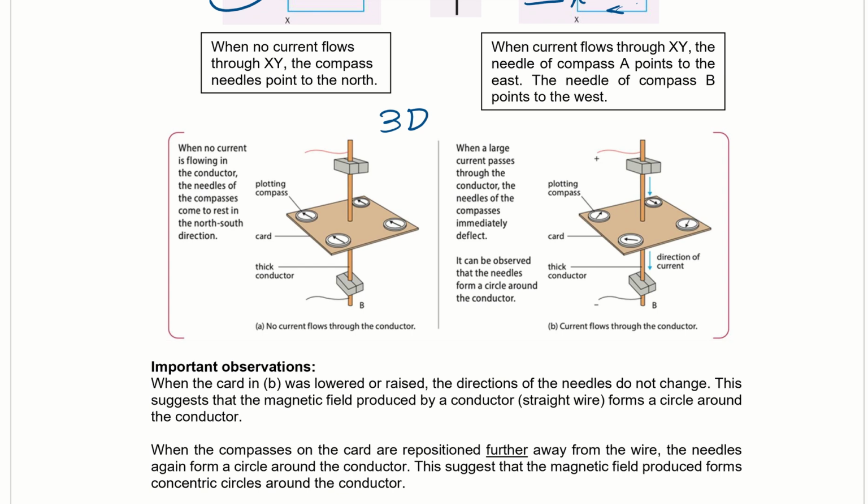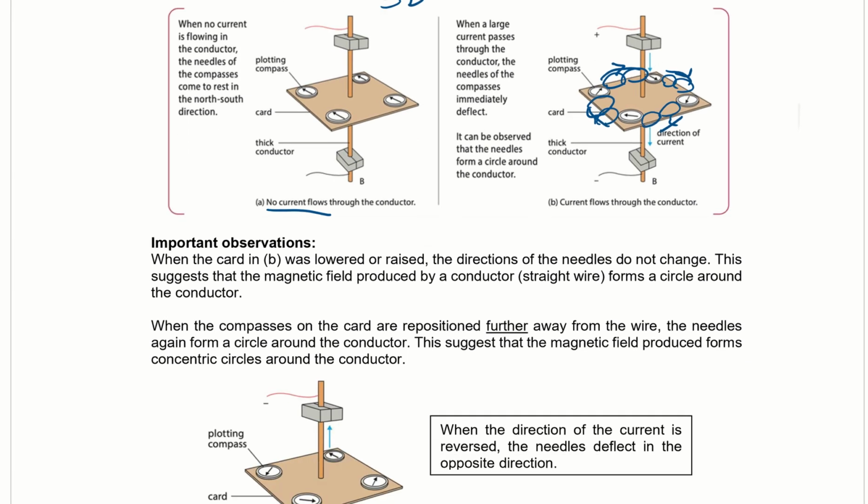When there's no current flowing through the straight wire conductor, all the compasses are pointing in the same direction. However, when a current flows through, you will see that the compasses are pointing in different directions, almost as if they are circular. That means if I have many compasses around this, they will form a circular direction.